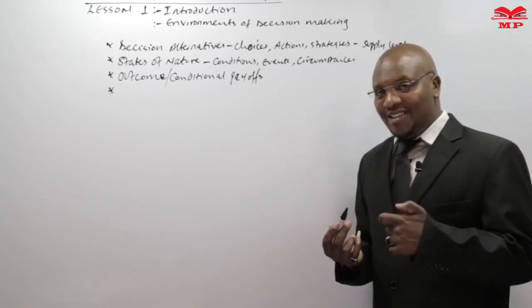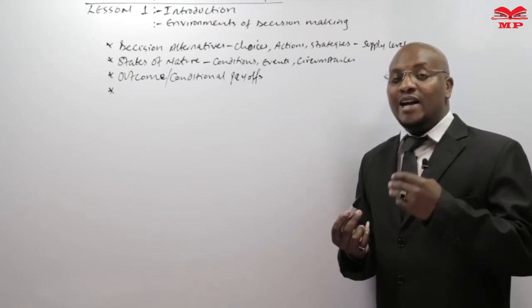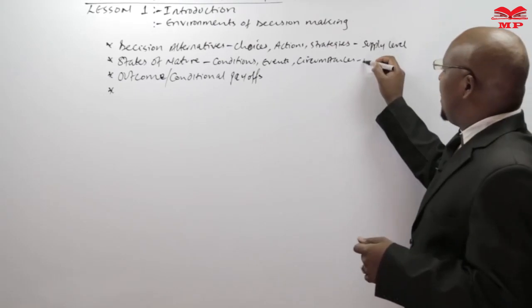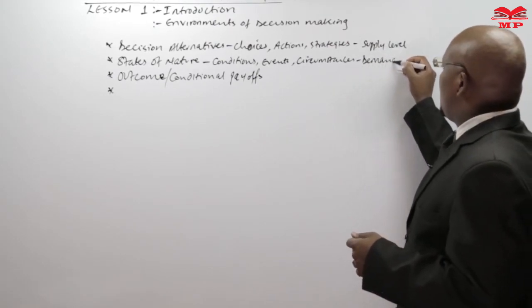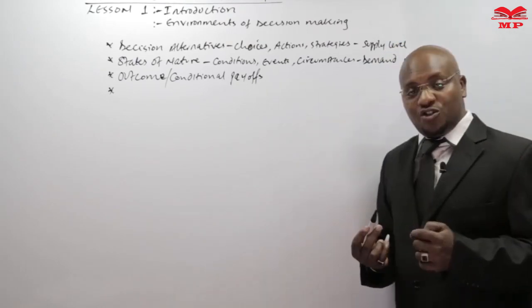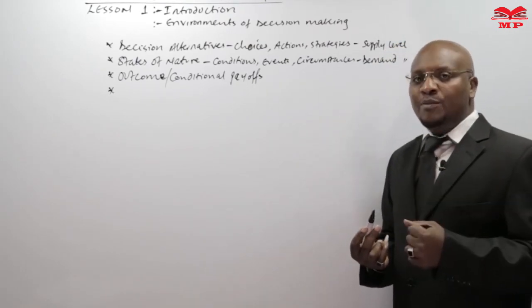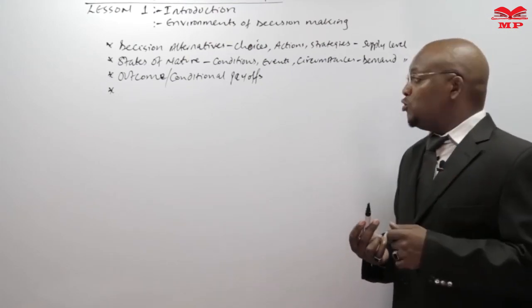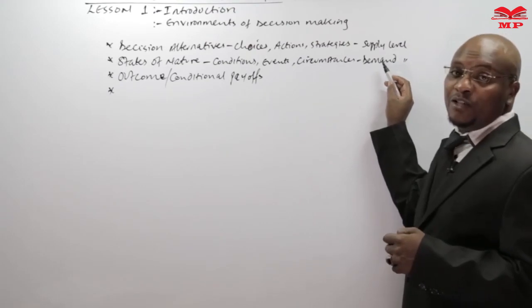We are the ones who decide what level to supply. Is it 100 units? Is it 200 units? Is it 300 units, like that? And then you have the demand. The demand level is another item which is not within our discretion. This is from the customers, and we may not be able to control the customers or dictate to them what they should buy. Therefore, this becomes a state of nature.